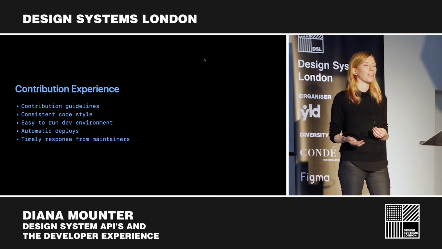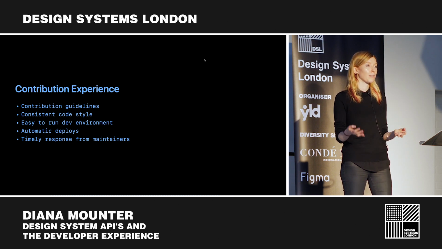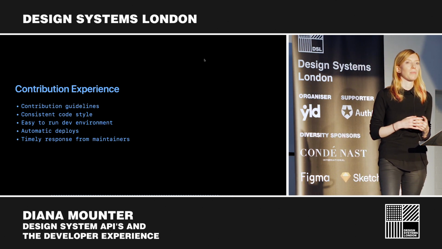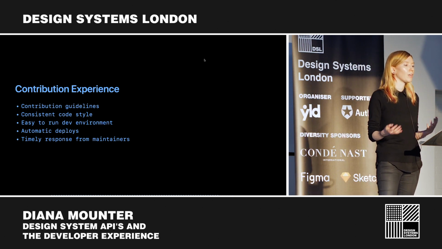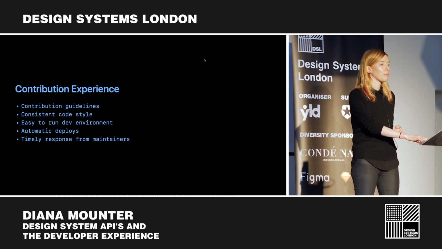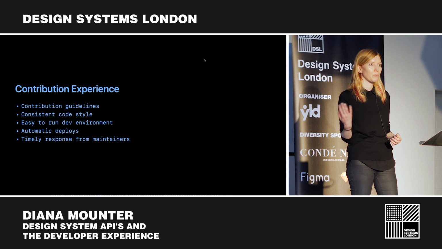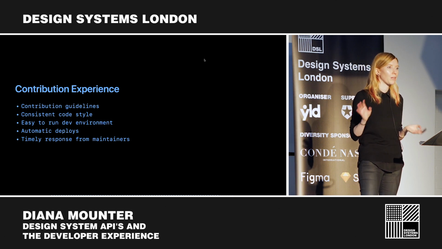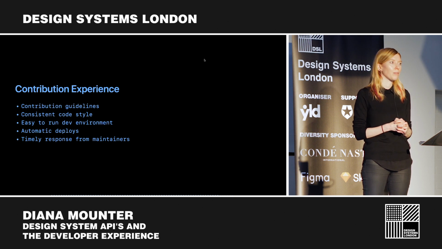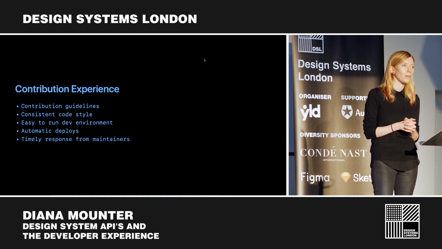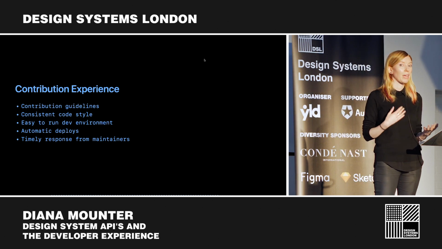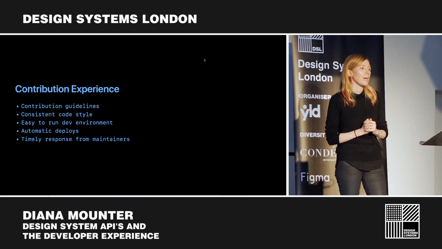But using a consistent code style yourselves means that when developers come to contribute, they can learn by example. Easy to run dev environment: it's nice if you can just pull stuff down, npm install, npm start, boom, you're running. We're lucky in React land to have things like hot reloading, which makes it really, really nice. Feedback errors are also awesome.